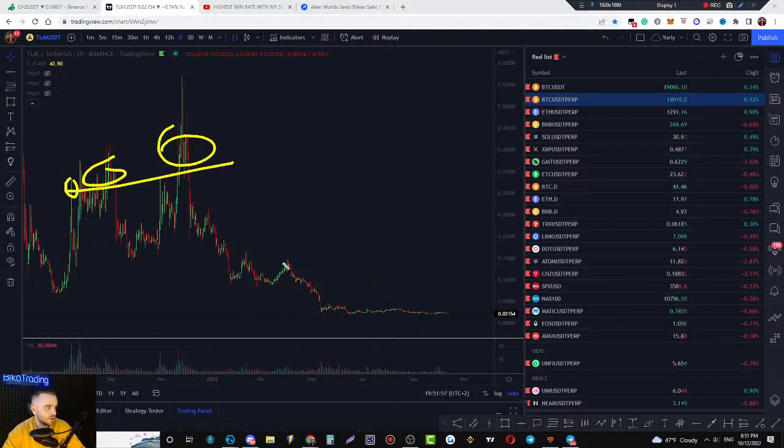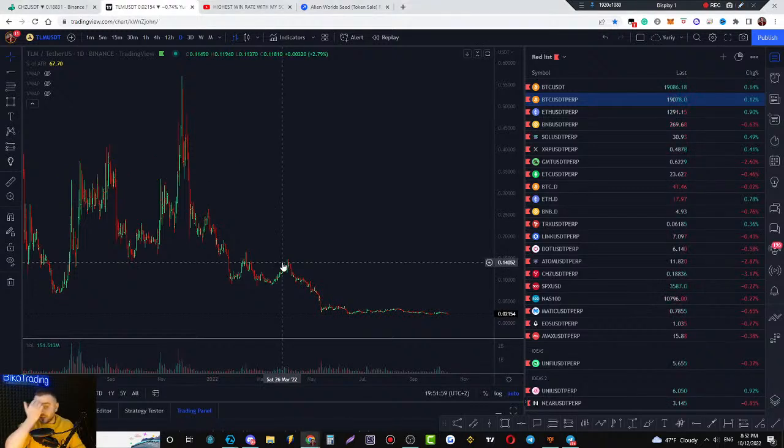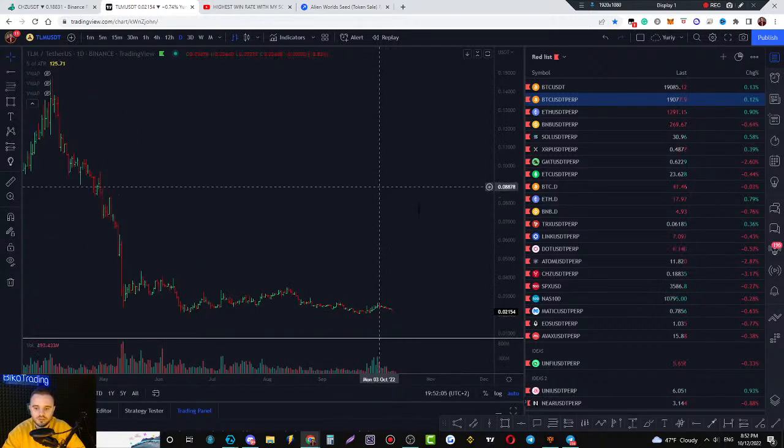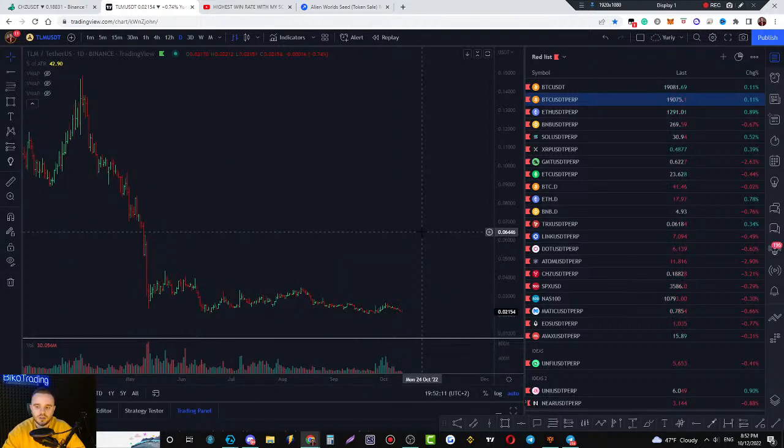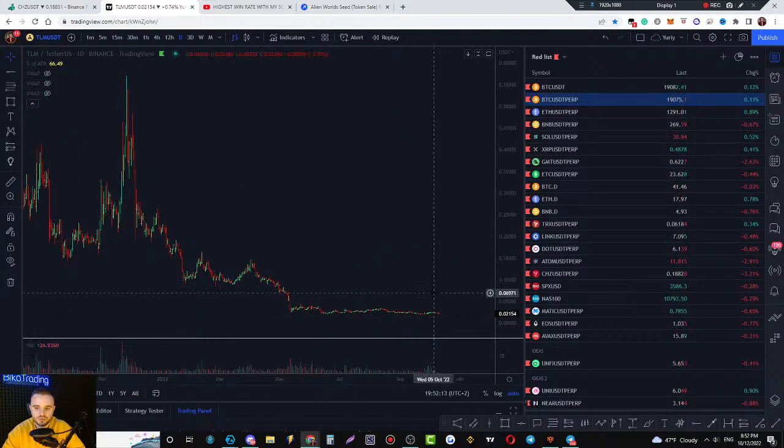That means this is what we can do at this moment. If you understand the fundamental value of this project, if you understand that they really make money, they're really profitable, they have a future, it could be a really good time to accumulate these coins. But only if you understand the fundamental value.